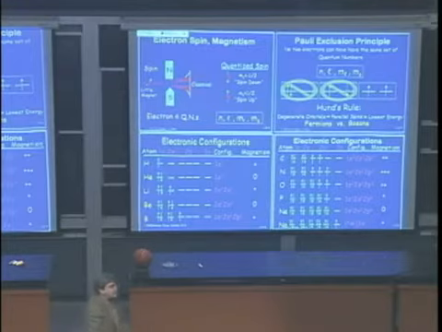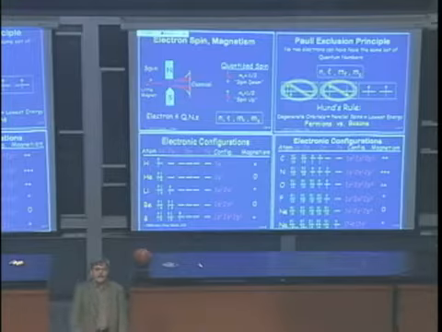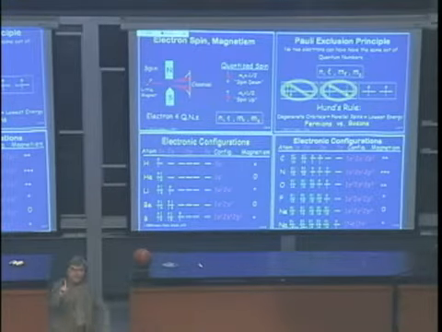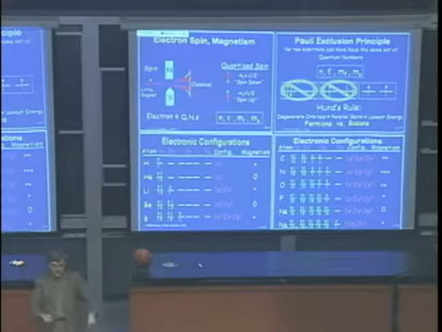Not so electrons. Electrons are quantum magnets, so to speak. They only can have half integer spin, plus 1/2 and minus 1/2. Plus 1/2 we can call upspin, and minus 1/2 we can call downspin. So there's nothing like this. There's only up and down. So we have two possibilities, up or down.